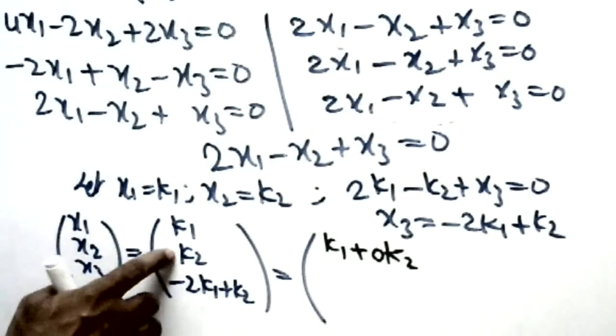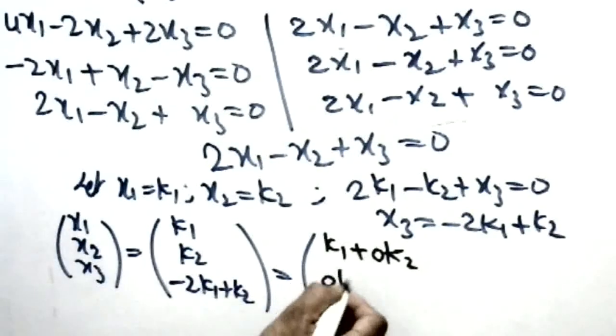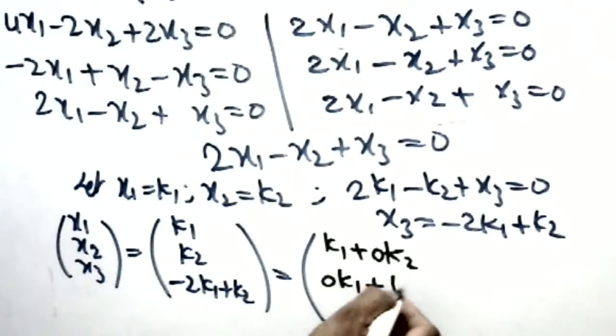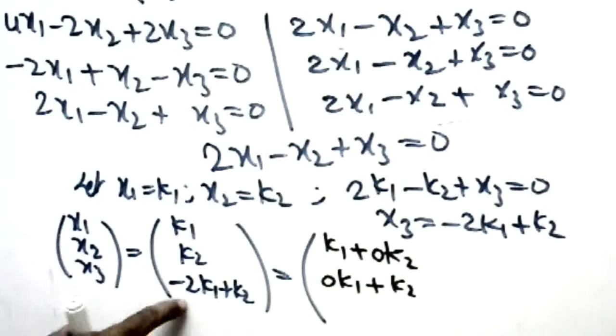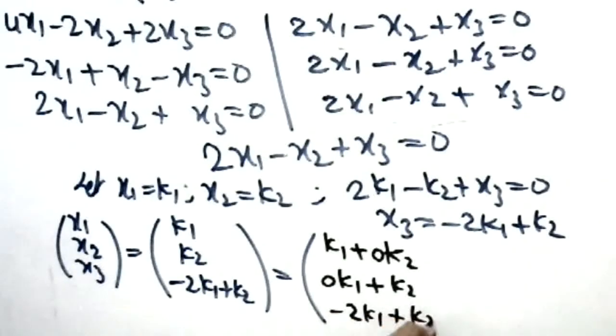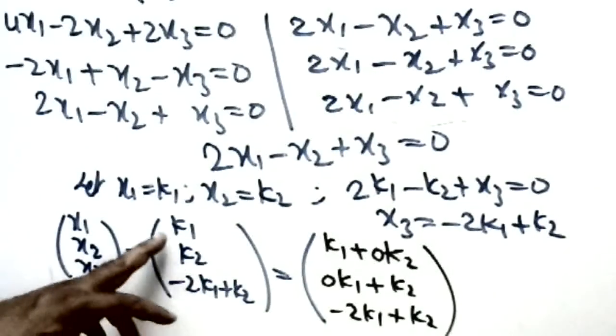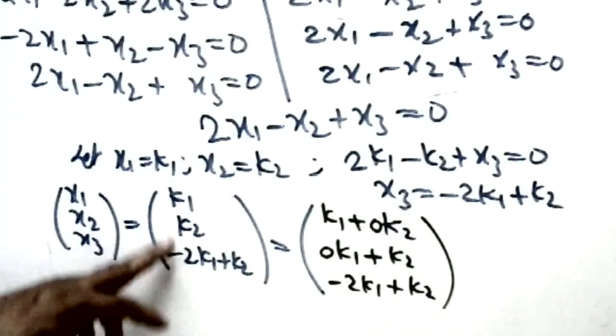Here also we must write k1 and k2. We don't have k1, so write 0 k1 plus k2. Lastly we have both, so we write minus 2 k1 plus k2. You remember this step.